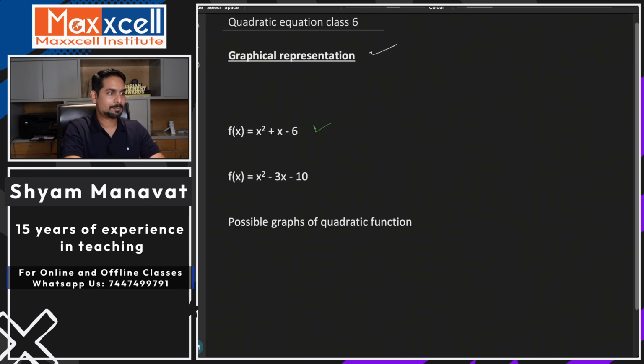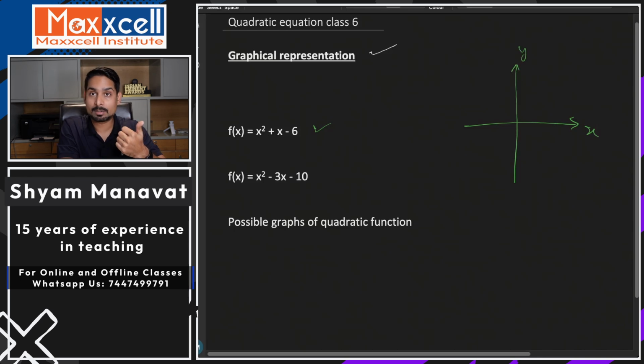Well, nothing to worry. If you want to plot anything on the xy plane, do you remember when we drew the linear equation on a graph? I told you that the horizontal axis, which is the x-axis, is independent and the vertical one is dependent on x.